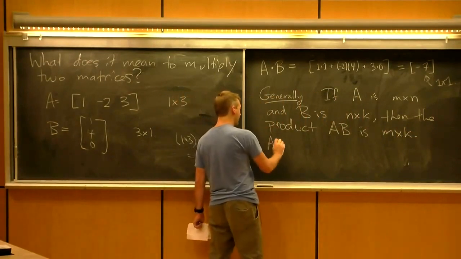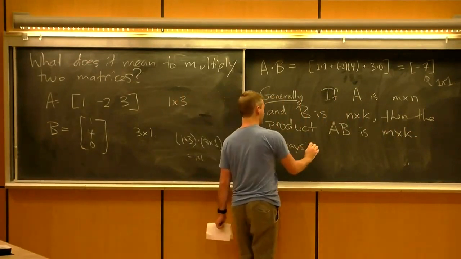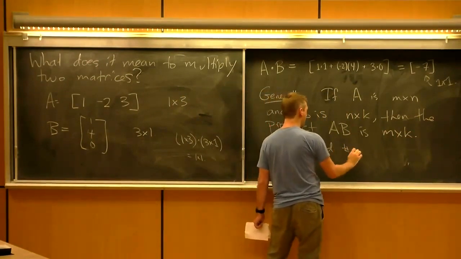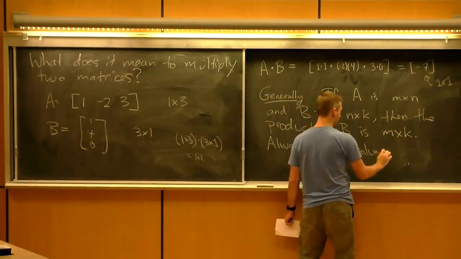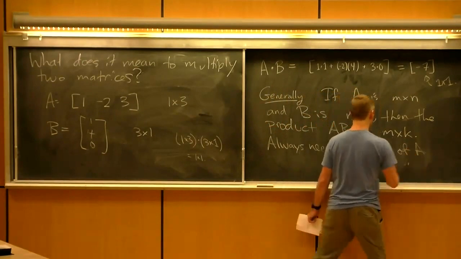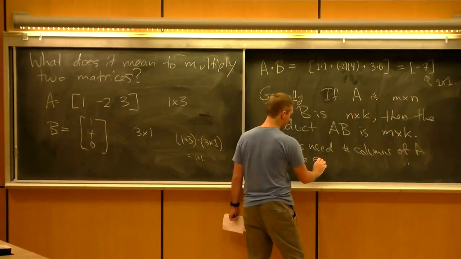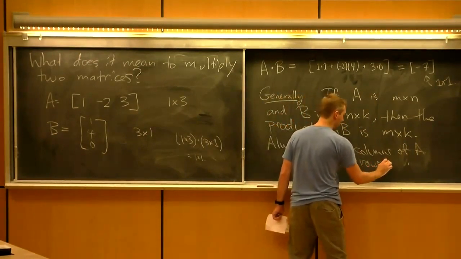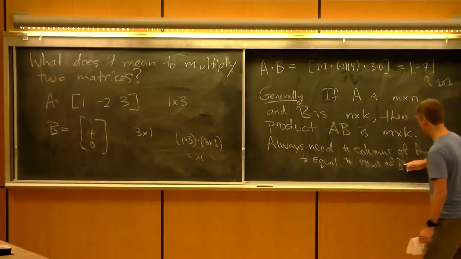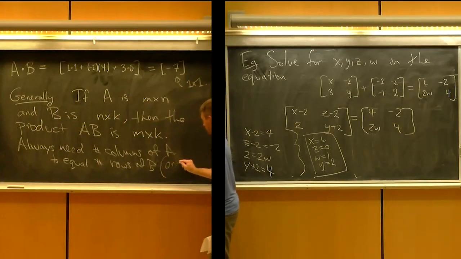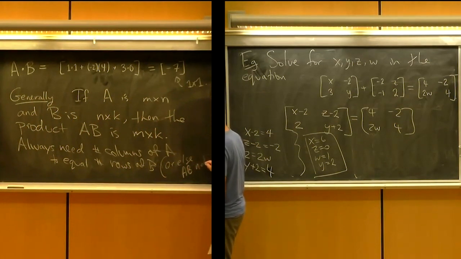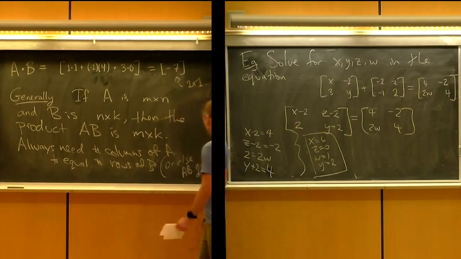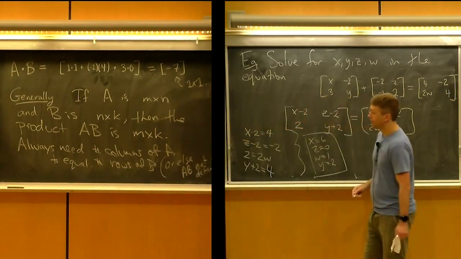And you always need the number of columns of A to equal the number of rows of B, or else A times B is not defined.